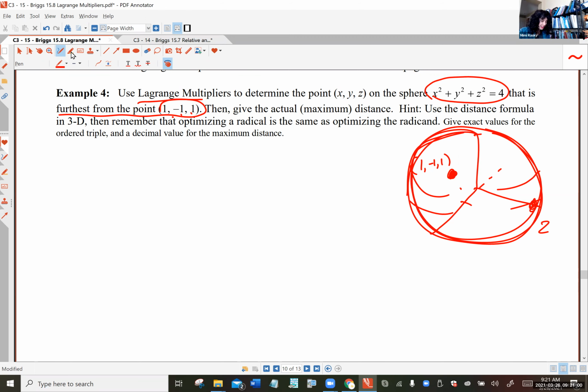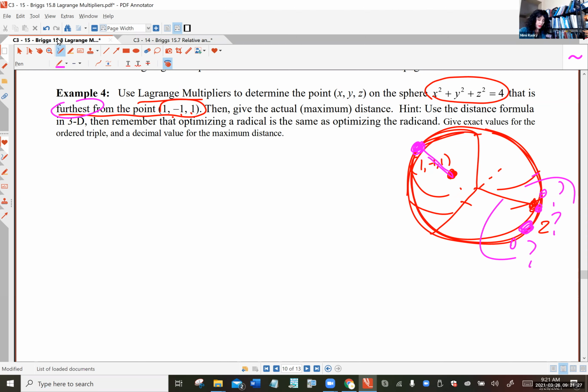Obviously the answer is not going to be this point over here, because that looks like it'll be the closest point. So it's probably going to be some point way over here on the opposite side of the sphere that is furthest from this point. You don't have to draw a picture to get what's going on here.